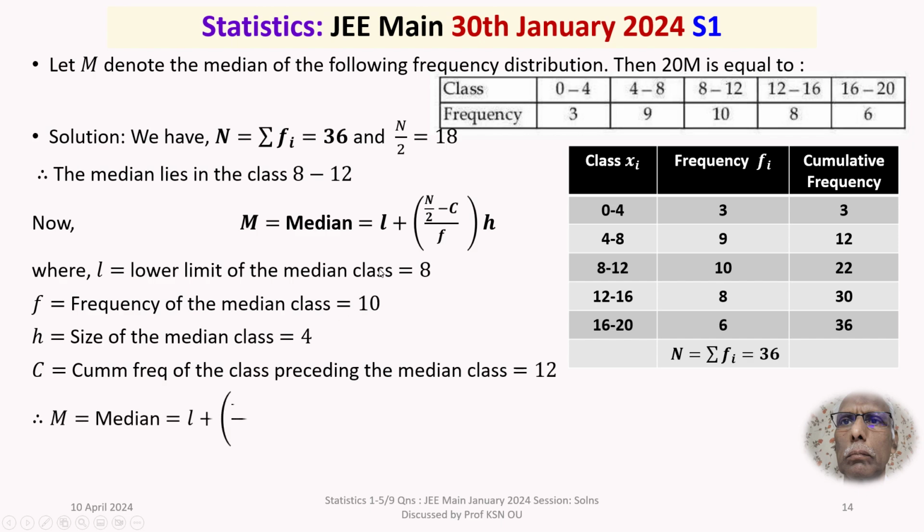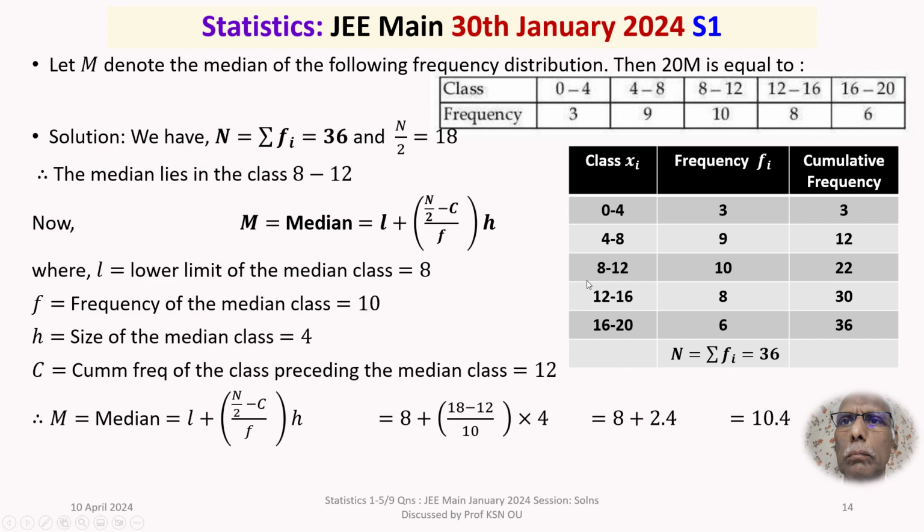Right. We are ready. The median M is equal to, writing the formula, L 8 plus (n by 2 18 minus C 12) by F 10, whole multiplied by H, that is 4. So this is 8 plus 18 minus 12 by 10 into 4, that is 2.4. 8 plus 2.4 is 10.4.